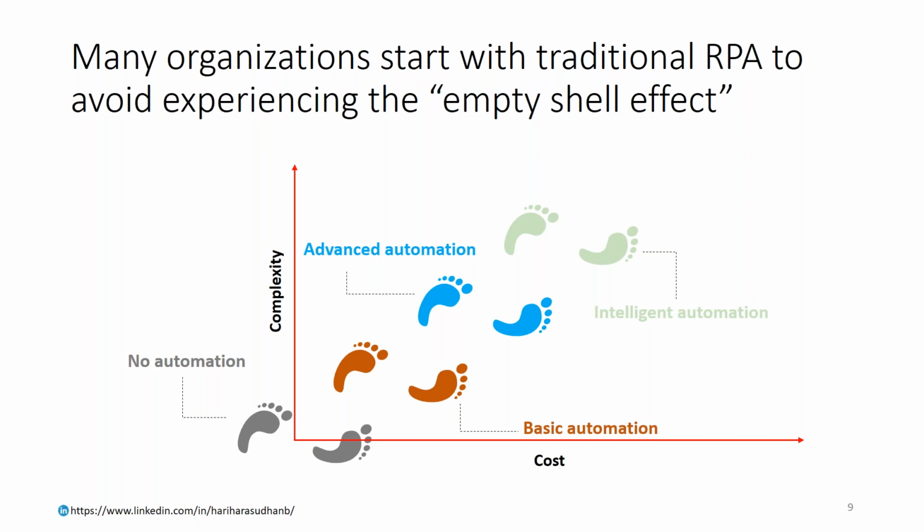As you can see here on the x-axis and y-axis, every single phase you move will have higher complexity and involves a higher cost. There has to be a lot of decisions, and most of these advanced or cognitive automations are more like black boxes.